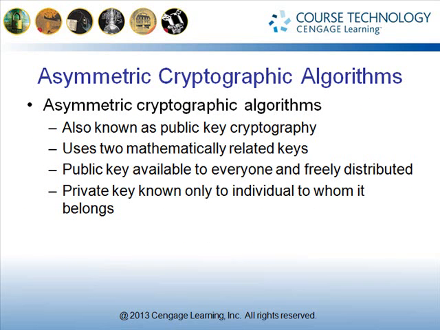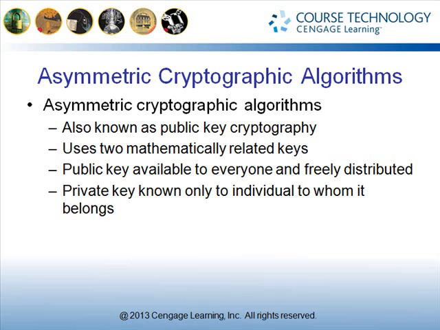That has led to a different type of cryptographic algorithm known as asymmetric cryptographic algorithm, sometimes called public key cryptography. Asymmetric encryption uses 2 keys instead of 1. These keys are mathematically related. One is called the public key, one is called the private key.